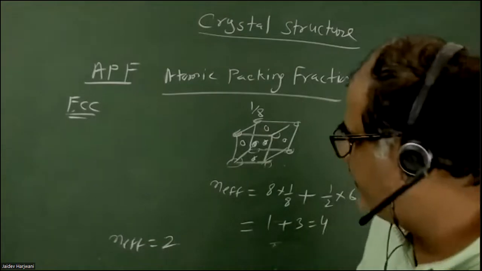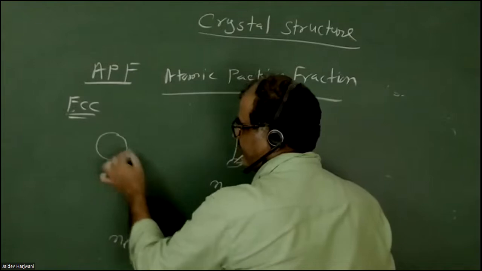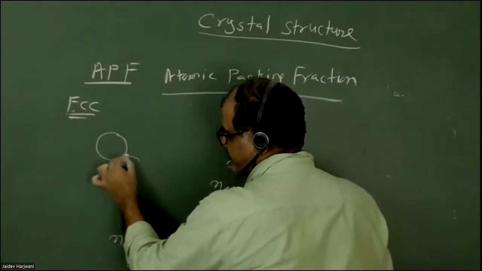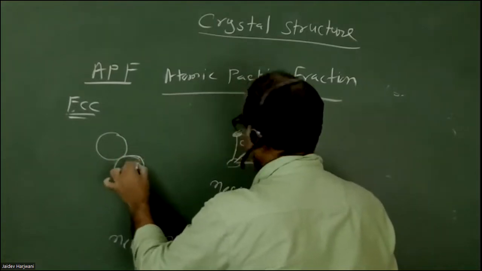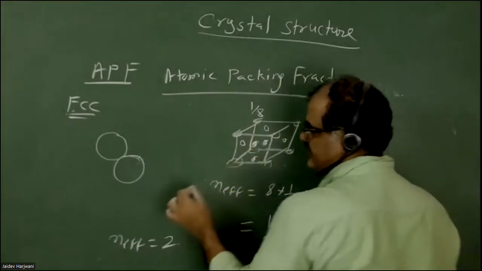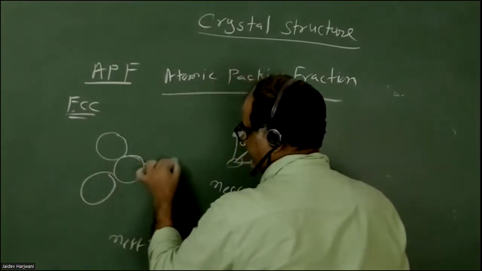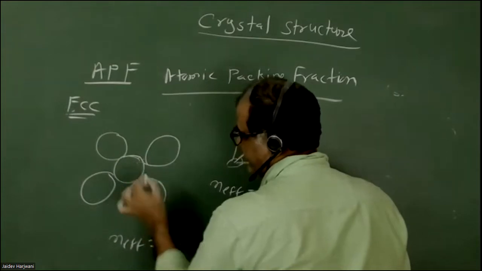Okay, now you can calculate the relation between A and R. Okay, so we have these atoms touching the face atom, where these atoms are touching only this middle atom. जो surface पे middle है, only they are touching there.